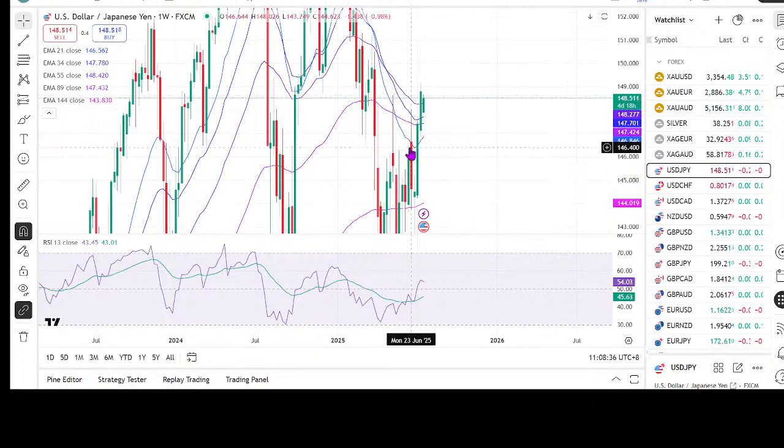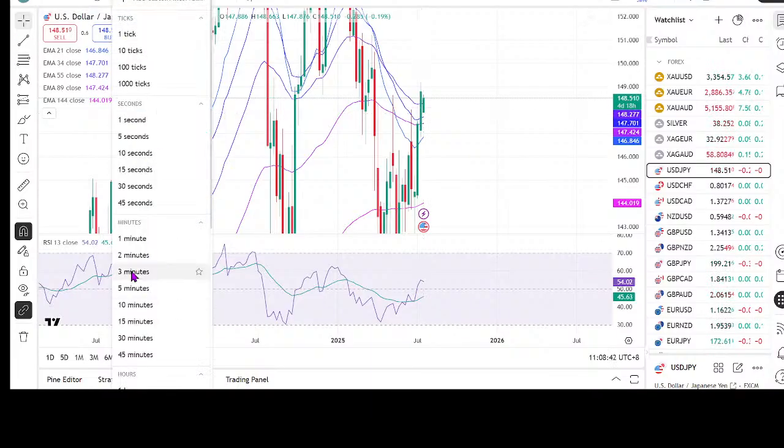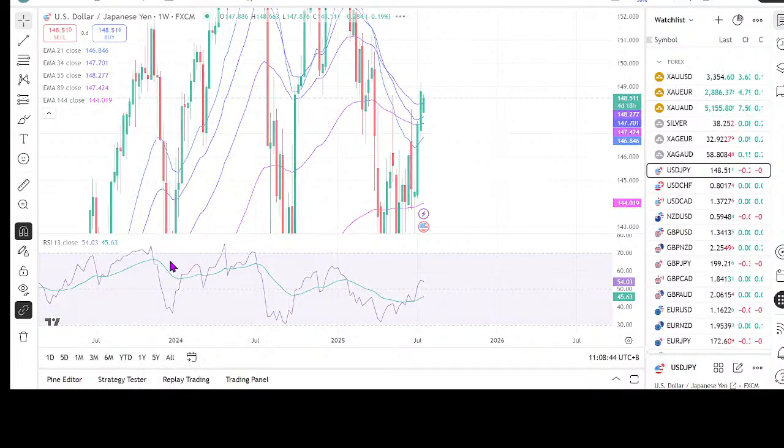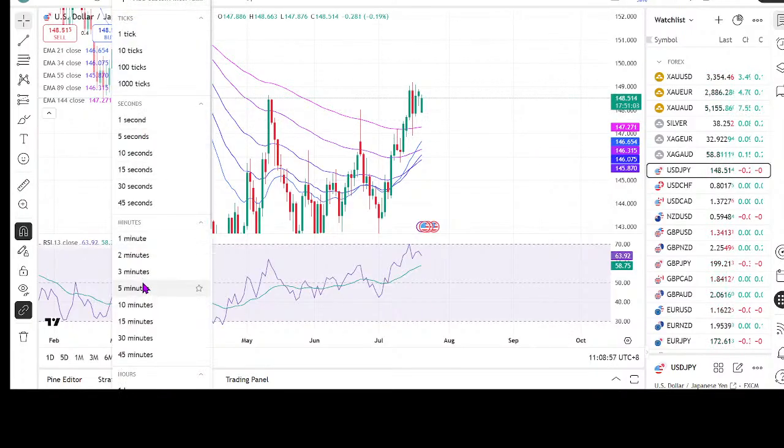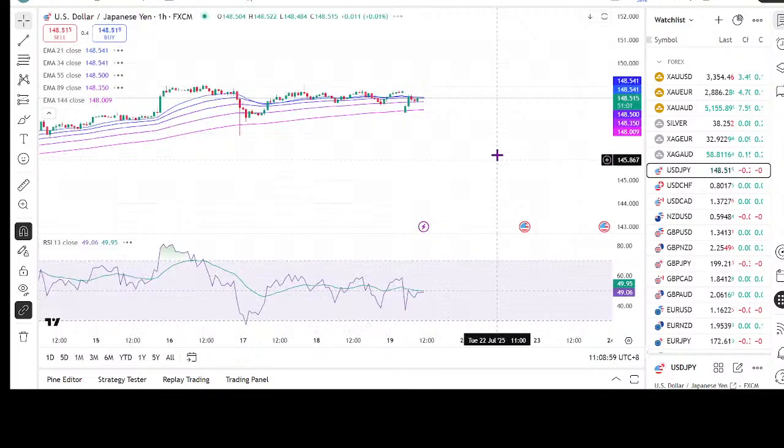Then as far as the weekly low is concerned, we 147.80, so that might be the low. Or let's get into the daily. I think we can see the price going slightly lower.